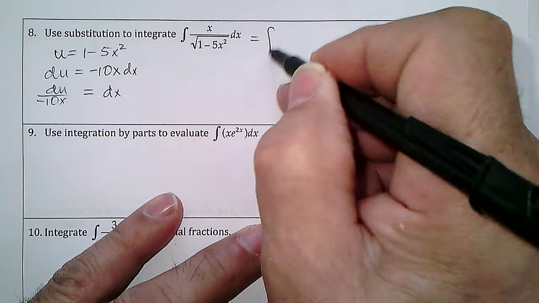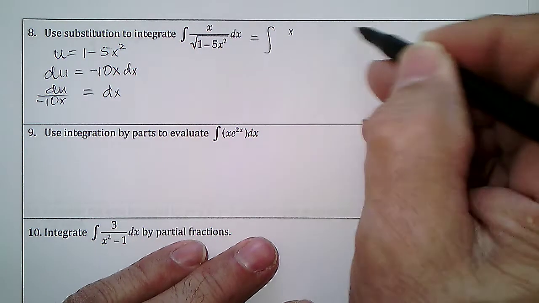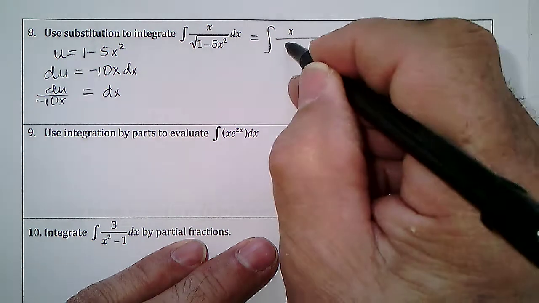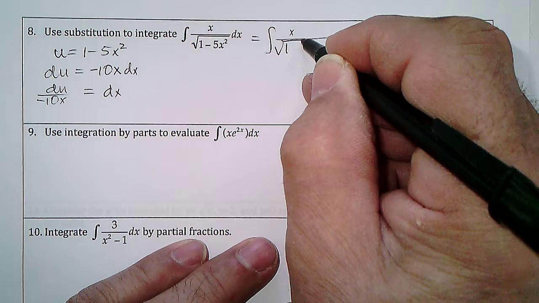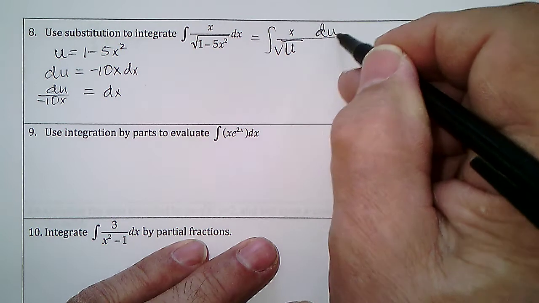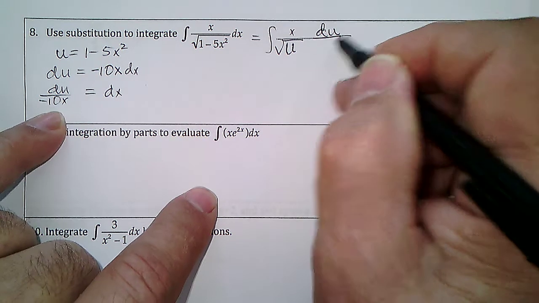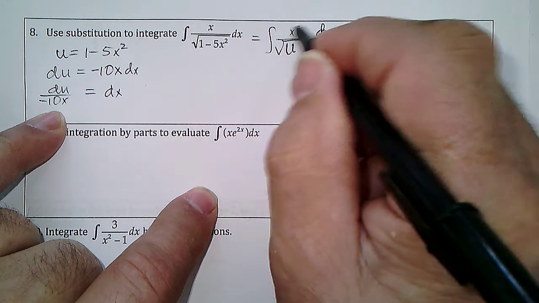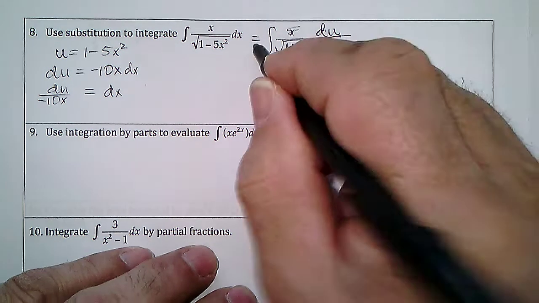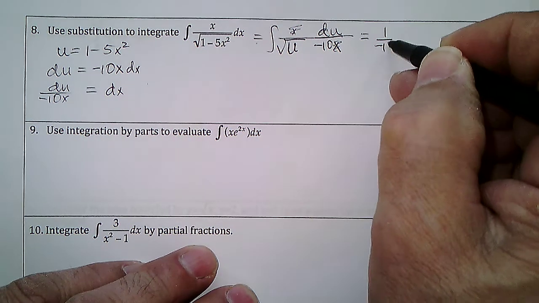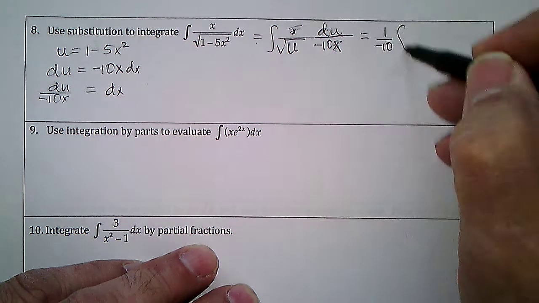So this integral will become the integral of the square root of u, and dx is going to change to du over negative 10x, and the x's cancel.